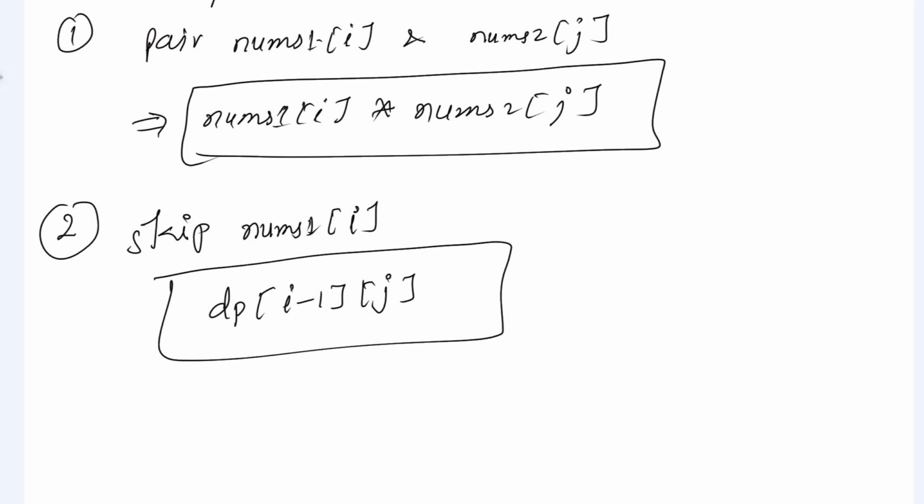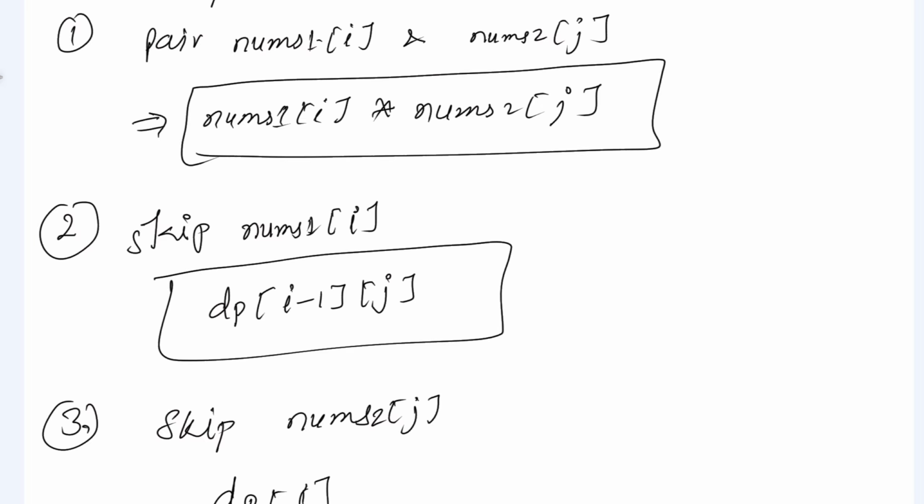Third: we skip nums2 at j, so dp at i and j minus 1.